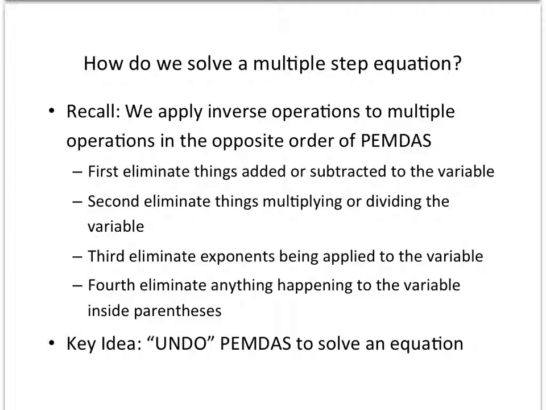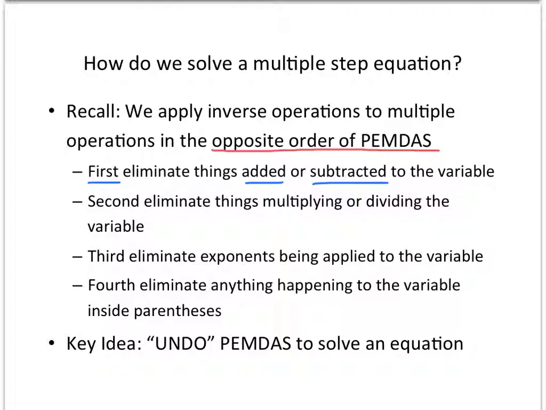Now the key idea is that we want to do things in the opposite order of PEMDAS. So I'm going to underline that for emphasis. Opposite order of PEMDAS. So normally the last thing we do is eliminate addition and subtraction. We notice that the first thing we're going to do is eliminate things that are added or subtracted to our variable.